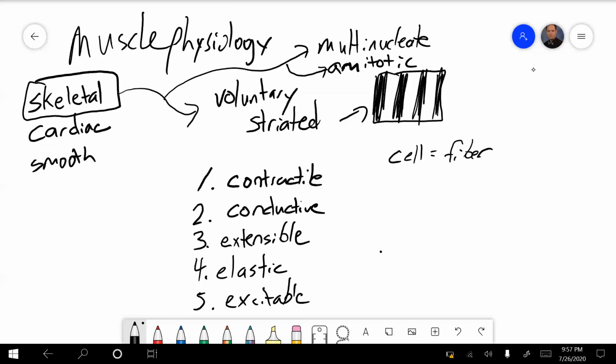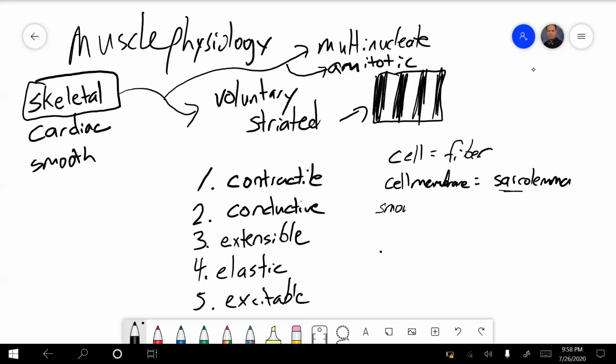Other terms here. The plasma membrane, or the cell membrane, is called the sarcolemma. Anytime you see that prefix sarco, it always refers to muscle. So sarcolemma, it's the cell membrane.